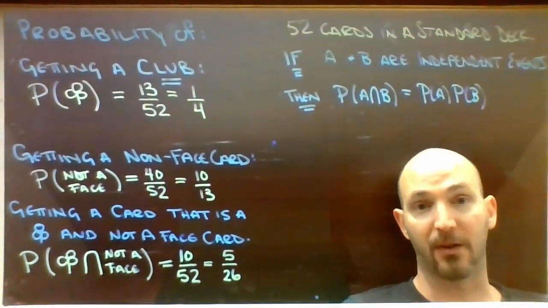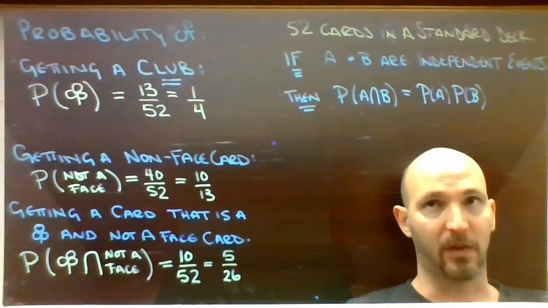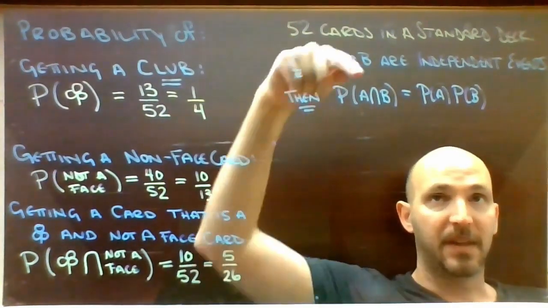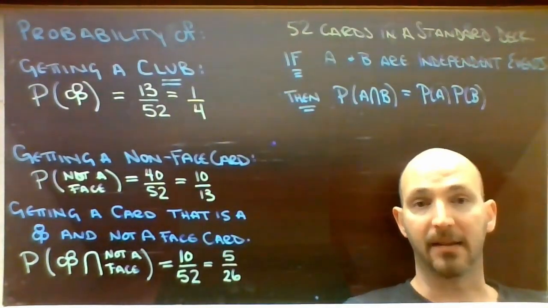Now that's real general and maybe a little difficult to wrap your brain around. This phrase up here, independent events, means that the two things have nothing to do with each other.